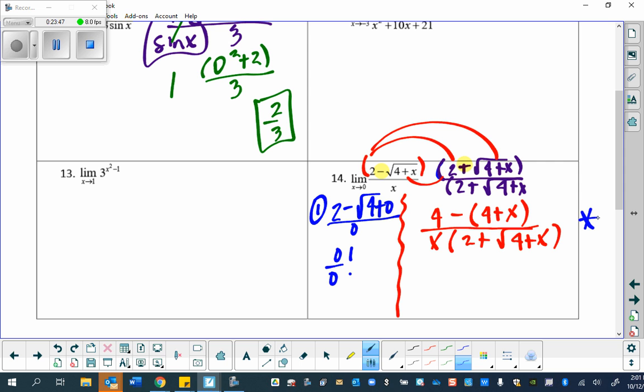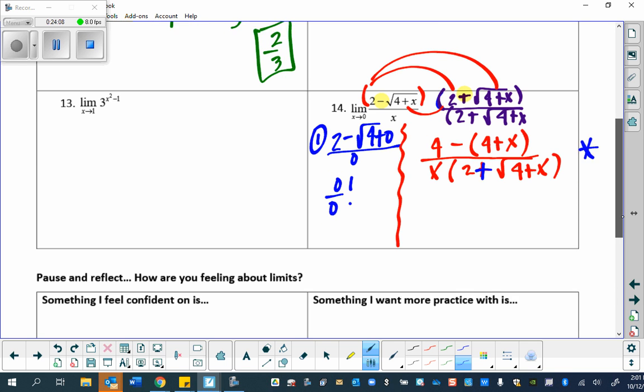Number 2, I'm not worried about this radical because look, now I have this plus sign, and I was in trouble before when it was 2 minus 2, but now it's going to be 2 plus 2. So I'm not going to get a 0. So the conjugate is solving all the problems.